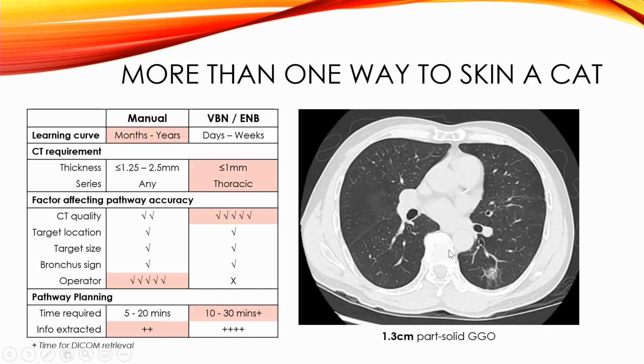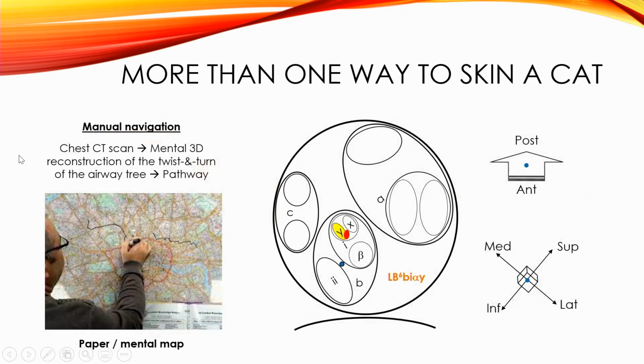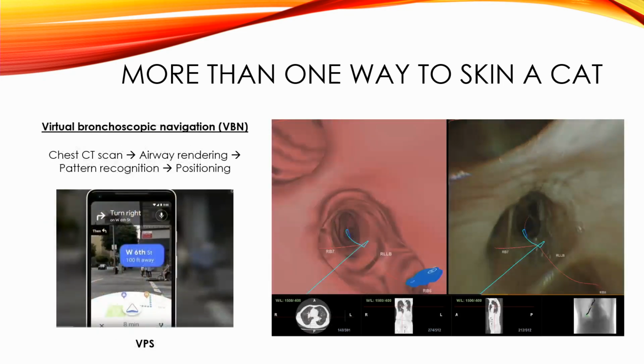For this particular platform, if you do it manually, what we mean by manually is that you look at the chest CT, you draw the airway, and then you predict which way is where, and then you go in and find your way until you get to the lesion. VBN uses a technology that uses the CT data, renders the airway into a pattern, recognizes the pattern, and then guides you to the target.